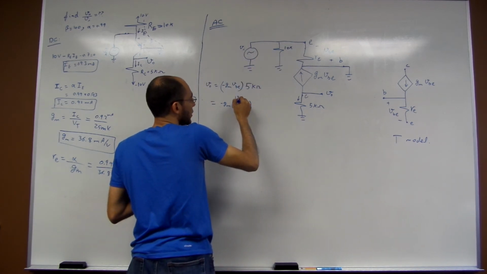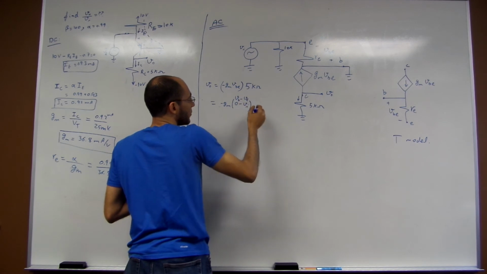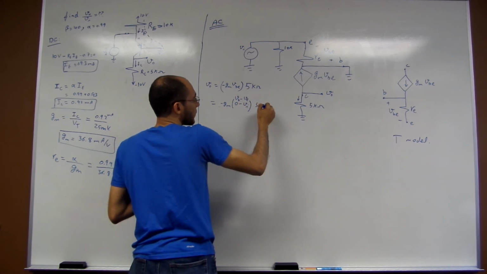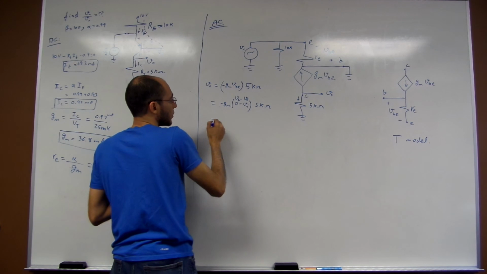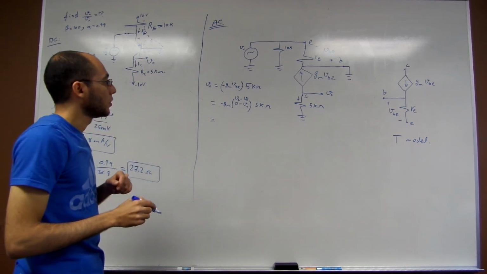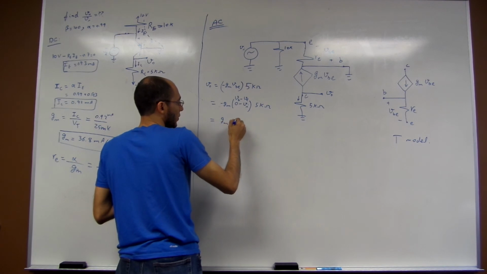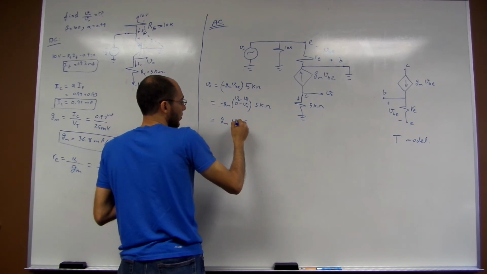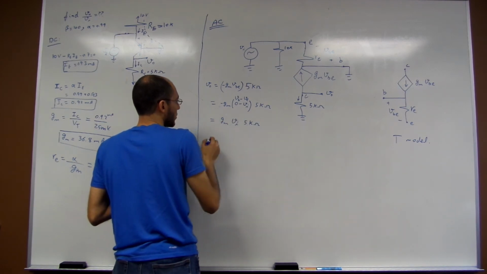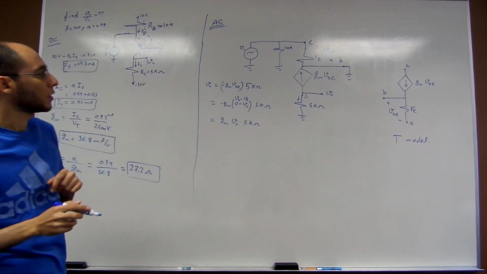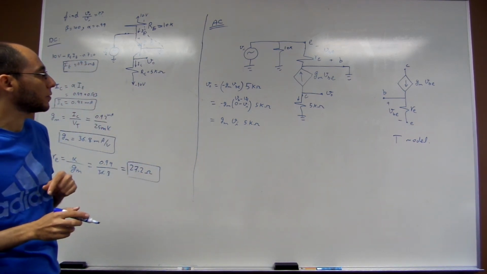So this is VB minus VE, multiplied by the 5 kilo ohms, which means that you have GM V input multiplied by 5 kilo ohms. Are we missing anything? No, we're not.